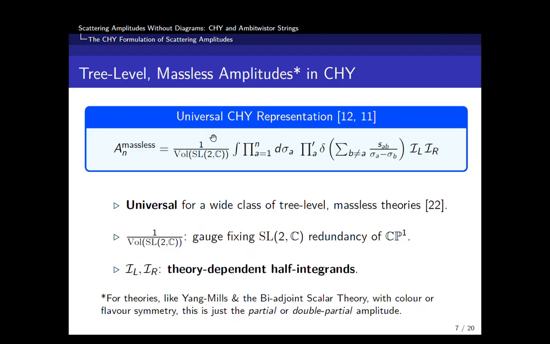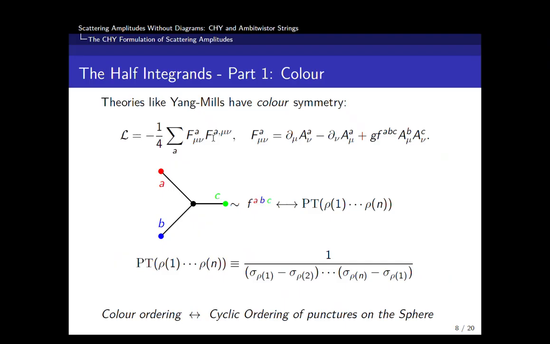But let's go on to our theory-dependent half integrands. So let's encode color. Theories like Yang-Mills have color symmetry, so gluons self-interact. And in our Feynman rules, this corresponds to the structure constants of the Lie algebra under which the symmetry occurs.